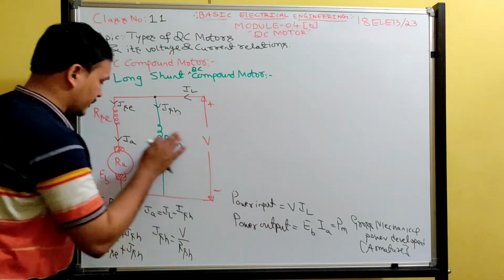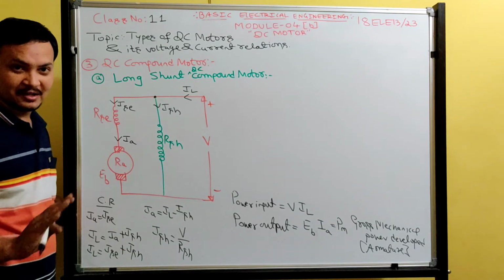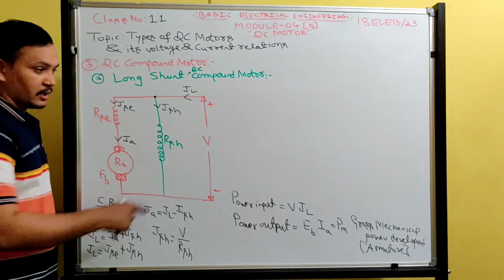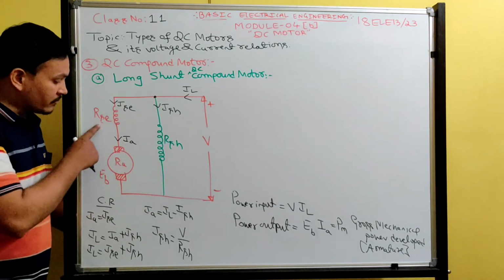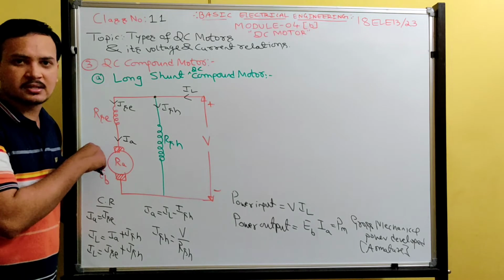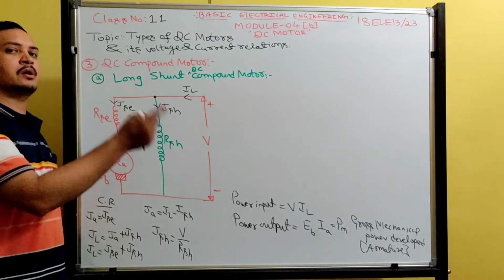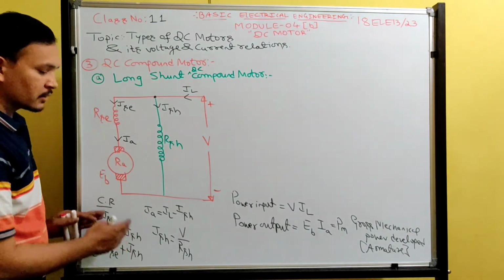Similarly, for the armature and series field, it is the voltage minus back EMF divided by the sum of these two resistances, which are connected in series. Add these two resistances. That current is the IA current and also the ISC current. Okay, fine, these are the current relations.